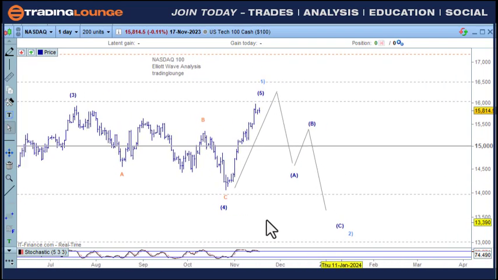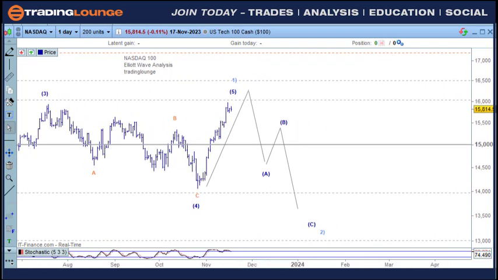As I mentioned last week, there were two types of patterns that we're looking at. If we consider this top here, we were looking for patterns that would have that top in, and some would come down, and then some would make new highs here, and they would be labeled wave one.